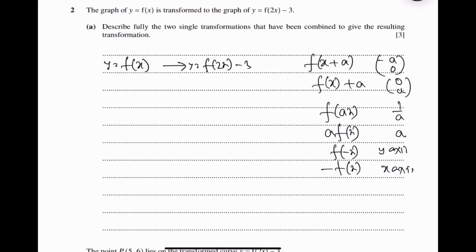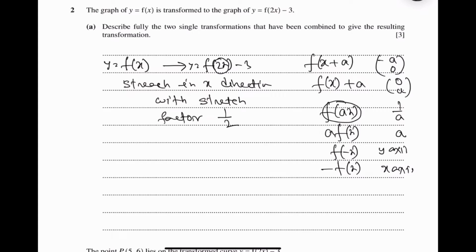First thing, this is the 2x, so it is matching with this one, so we can say stretch in the x direction, or horizontal stretch in the x direction with stretch factor 1 by 2.